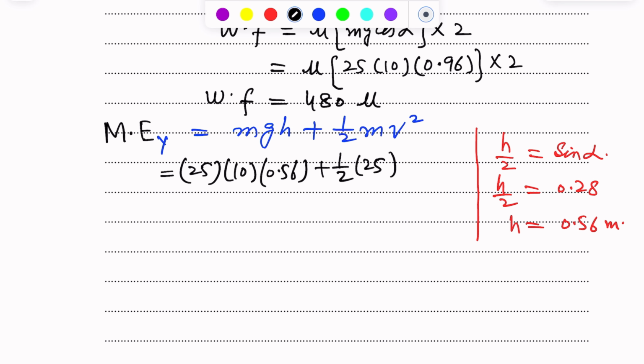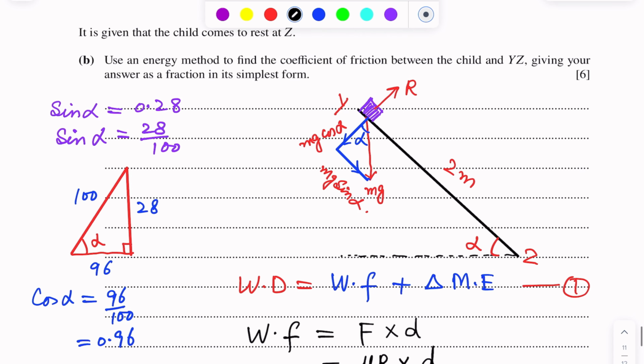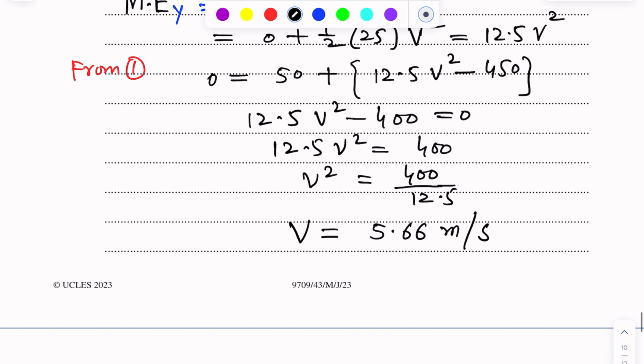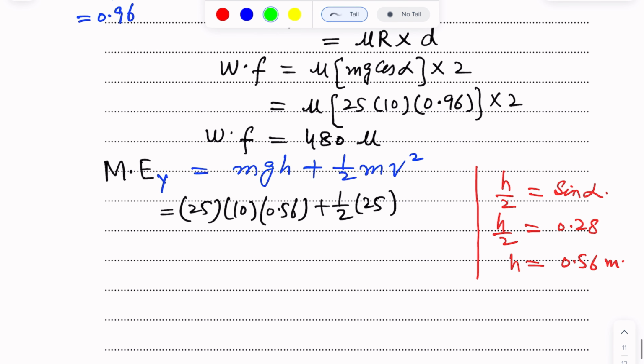V square we have already found in the above part, the speed at Y is 5.66. We take this value here, 5.66 square.